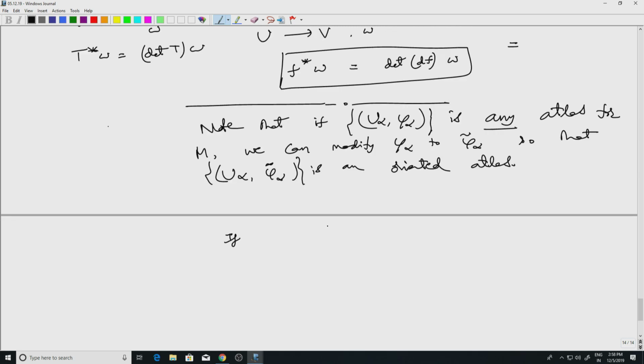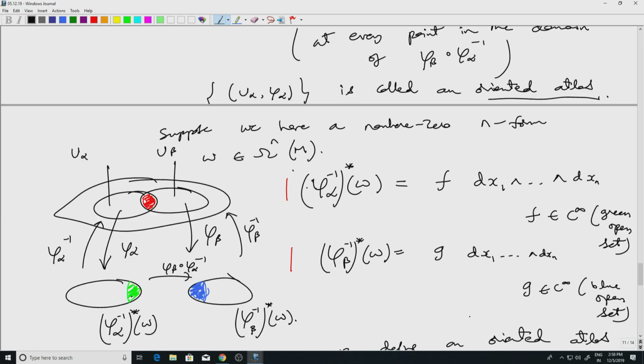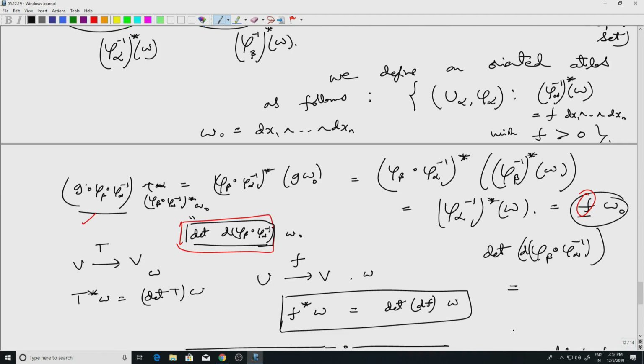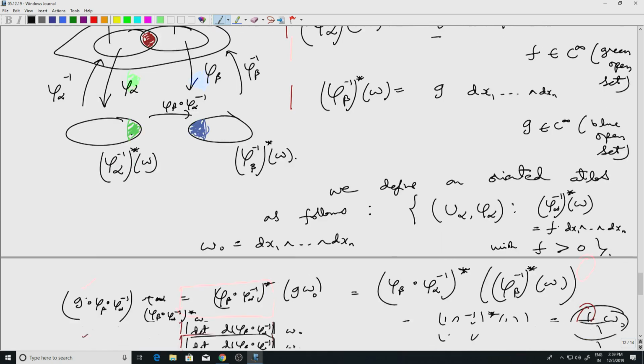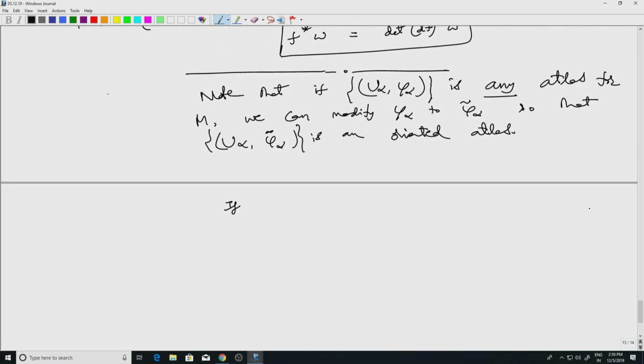Recall that what we need to get an oriented atlas is that when I pull back the form to Rn, I should get a positive function here. This f should be positive. So let's start with a chart and pull back.